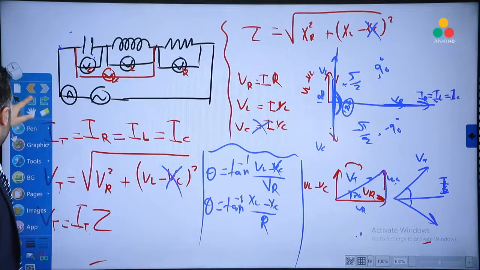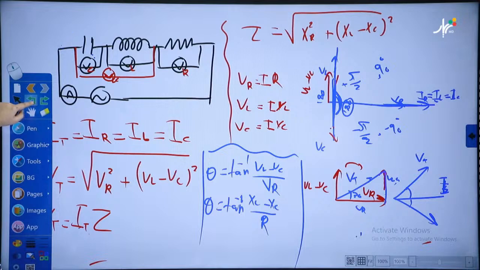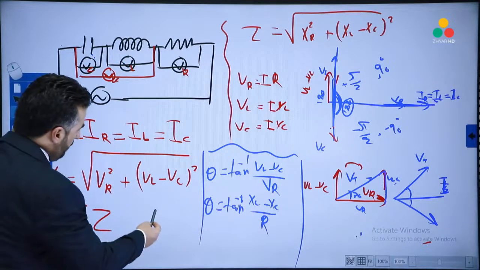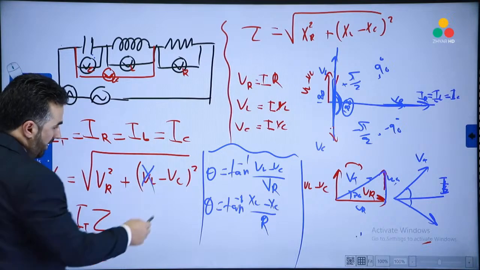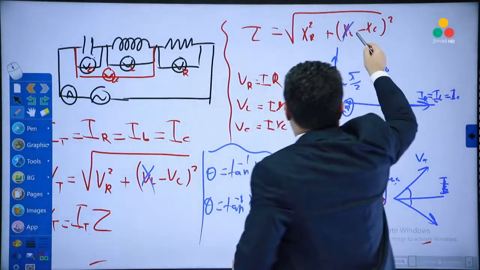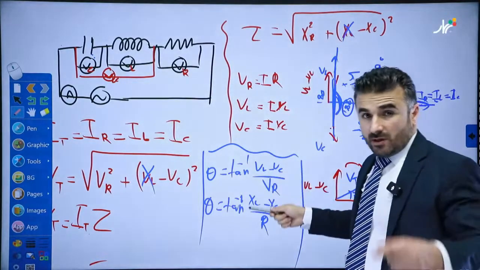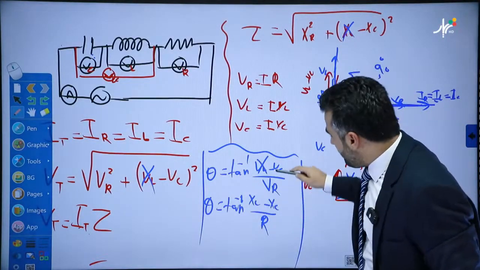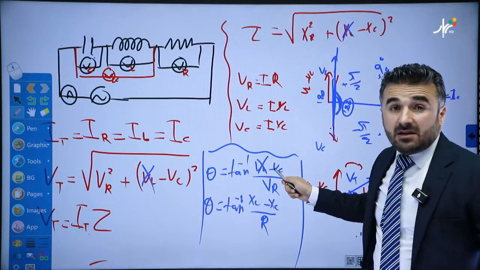But I really want you to be careful here, because let's take back all this. What if we don't have the inductance? If you don't have the inductance, you will not have VL, and you will not have XL. As for this one, you have to be really careful, because once you take this one away, don't forget to keep the negative.